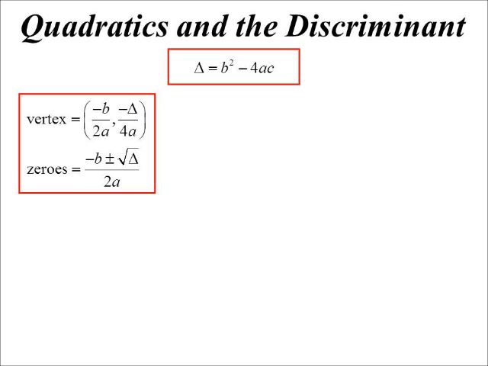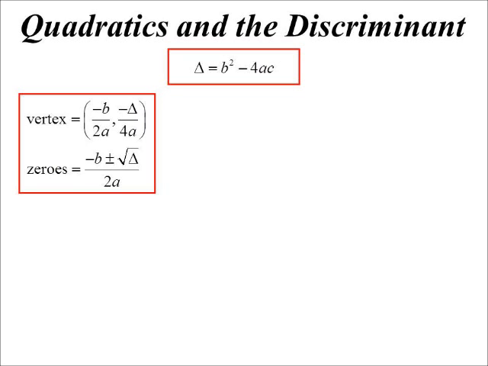It's minus b on 2a. The y value of the vertex will always be minus the discriminant on 4a. So this is useful if you've got a question which simply says what's the maximum or what's the minimum. So all we're really interested in is the y value. I don't have to go and find the vertex and sub in. I can just say it's minus the discriminant on 4a and work that out.